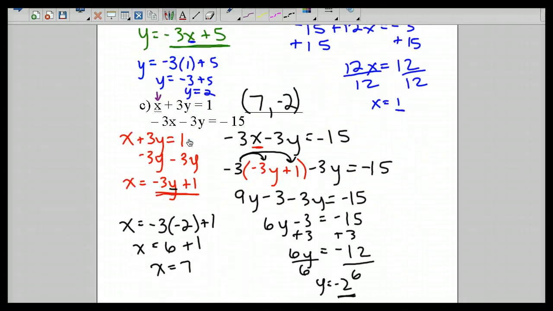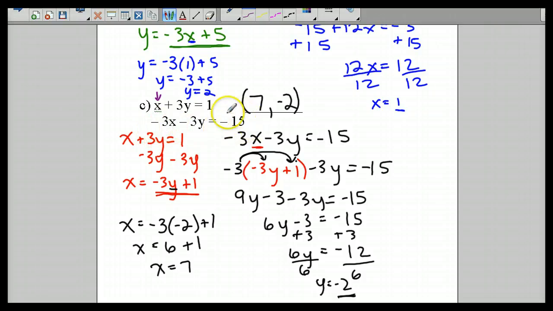So for C, you do basically the same thing, only this time your x is isolated. So first is right here. We subtract 3y from both sides. So x equals negative 3y plus 1. Now that is substituted in for x right here. So instead of negative 3 times x, we have negative 3 times negative 3y plus 1, minus 3y equals 15.